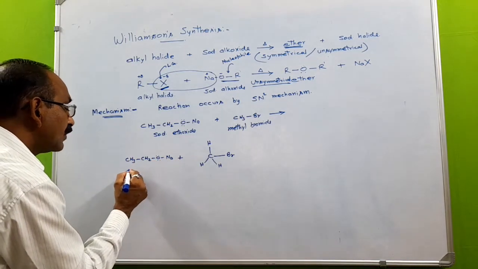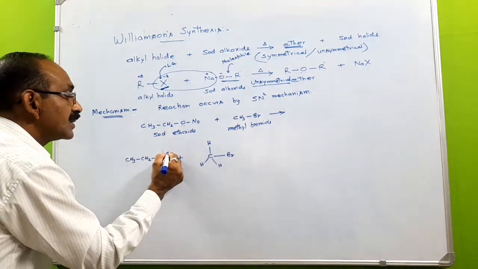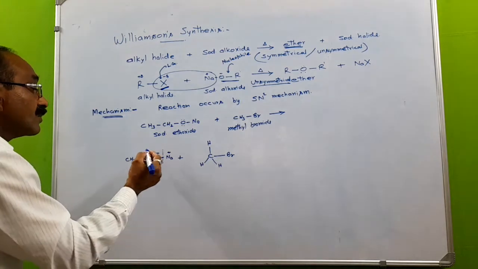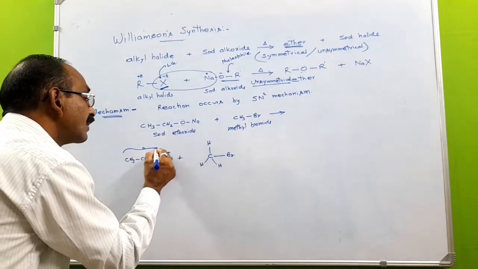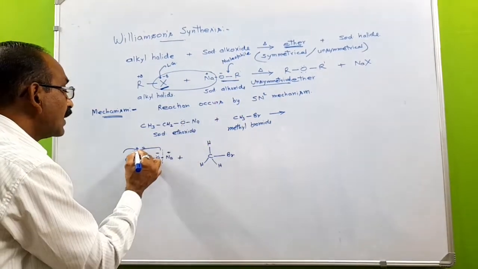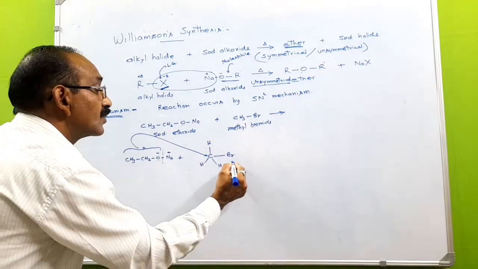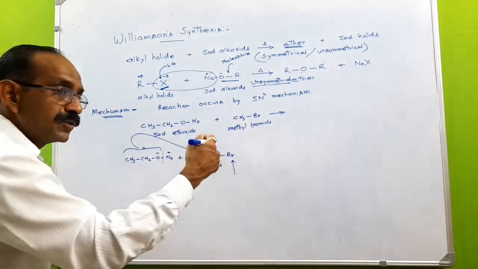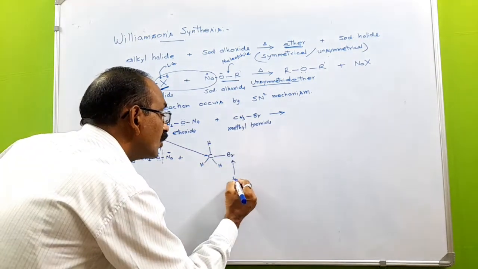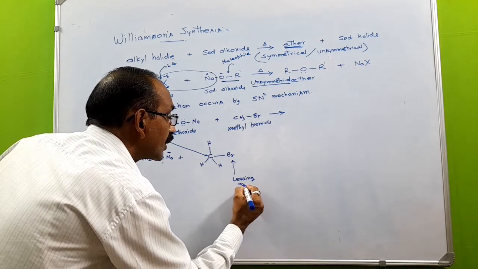this sodium ethoxide, which dissociates and produces sodium ion along with ethoxide ion. Now, this ethoxide ion, which itself acts as a nucleophile, will attack from the trans side to the group which is to be replaced. Here Br is to be replaced, so the group Br is called a leaving group.